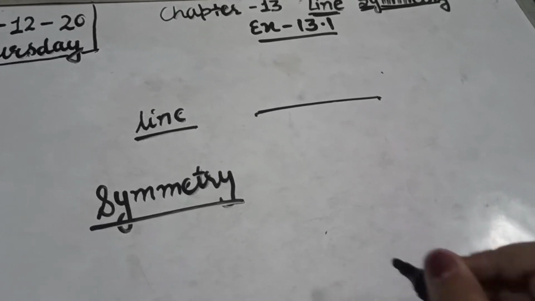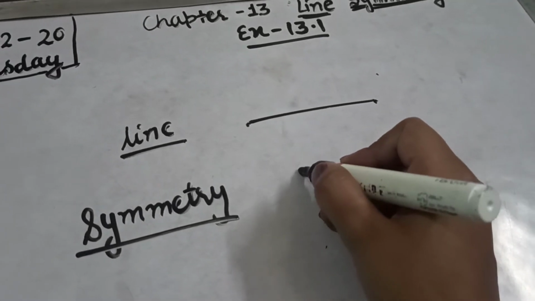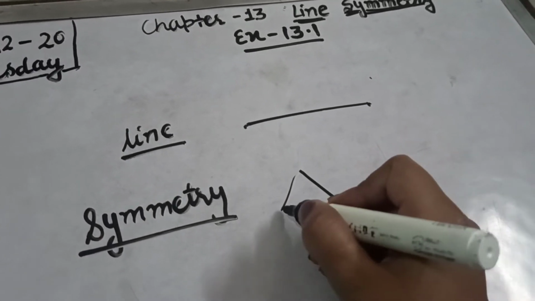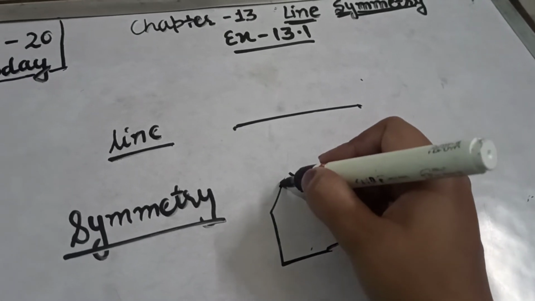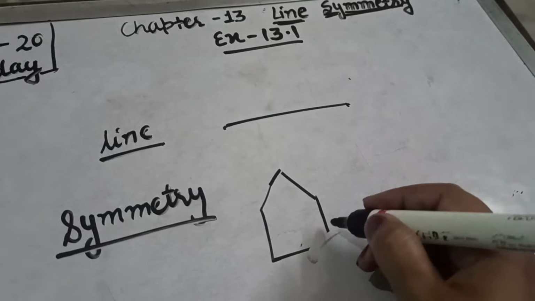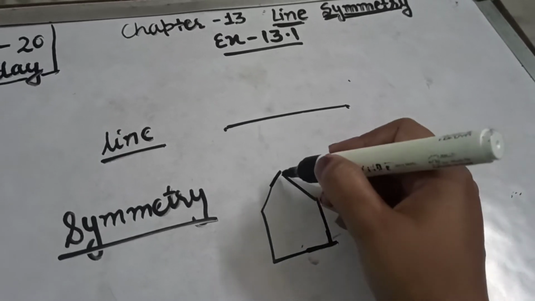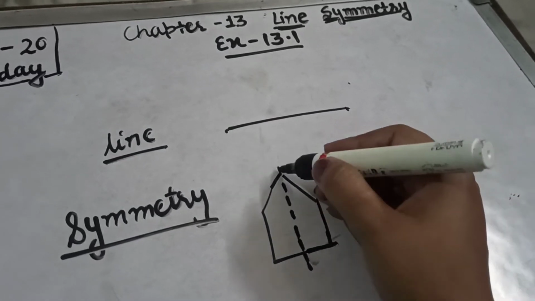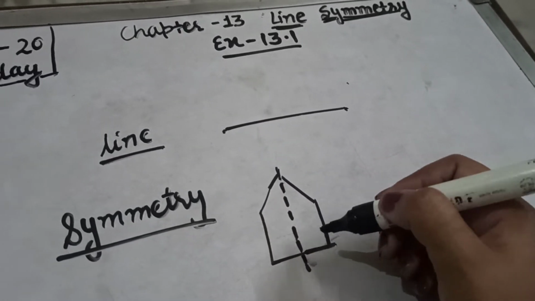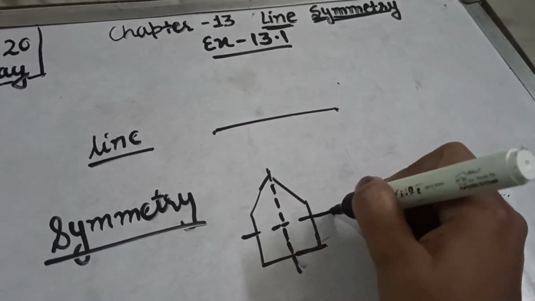Symmetry, you can say like this object, this figure. When I draw any line like this, either vertical or horizontal.